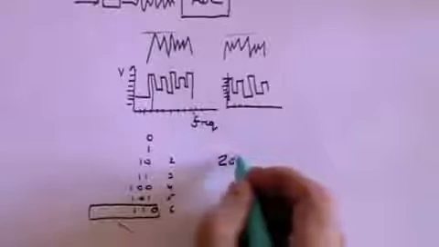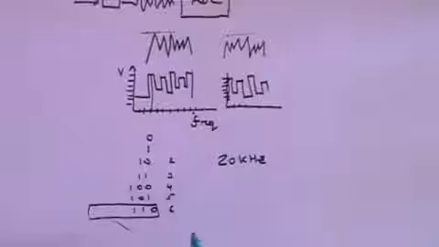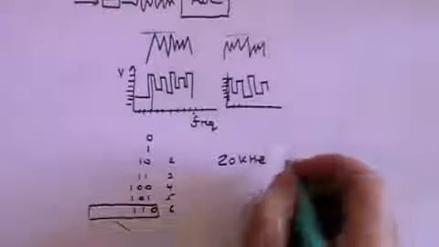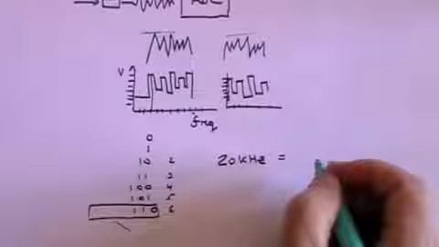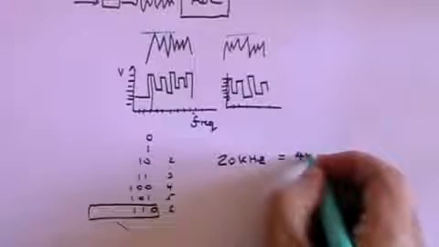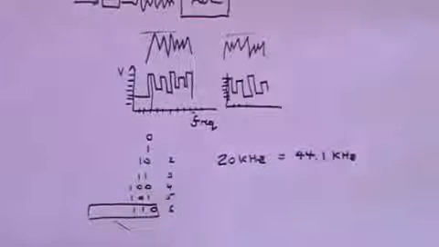Since the highest frequency that you can hear is about 20 kilohertz, you need to sample at twice that, and in fact that would be 40 kilohertz, but what you will typically see as a sampling frequency is 44.1 kilohertz. That tends to be a standard that you will see.